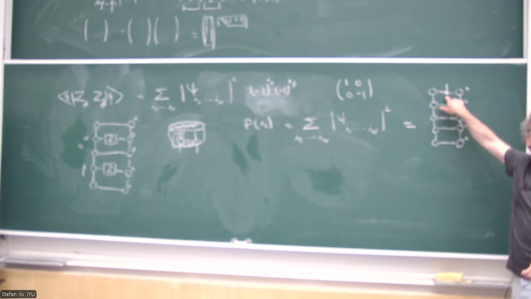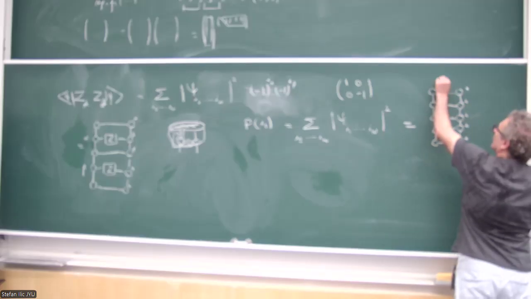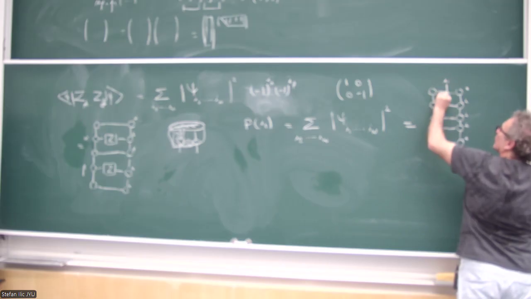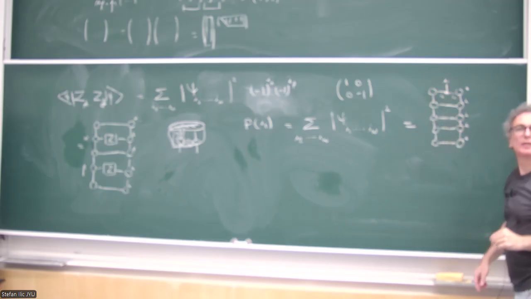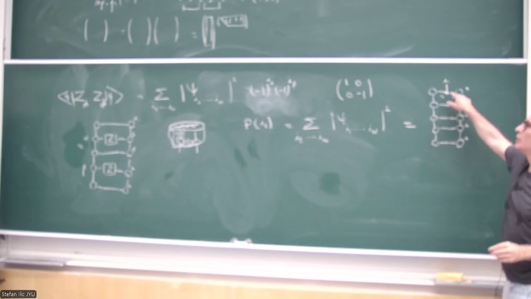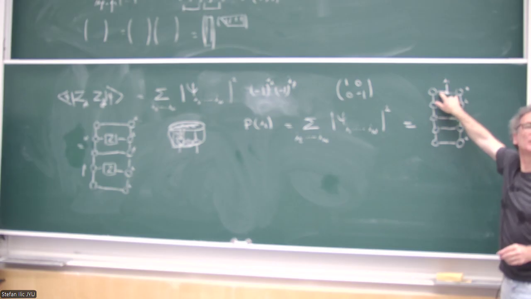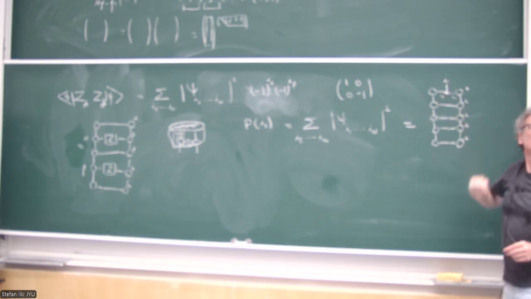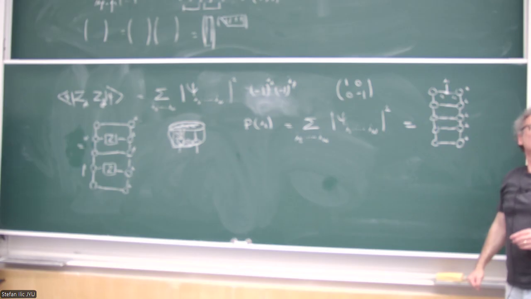I put the copy one. So essentially, this means that here I have i1, i1, i1. In practice, you don't need to introduce this copy explicitly. You just set this leg to be equal to that leg, and you don't sum over it. Okay, this is the probability of i1.